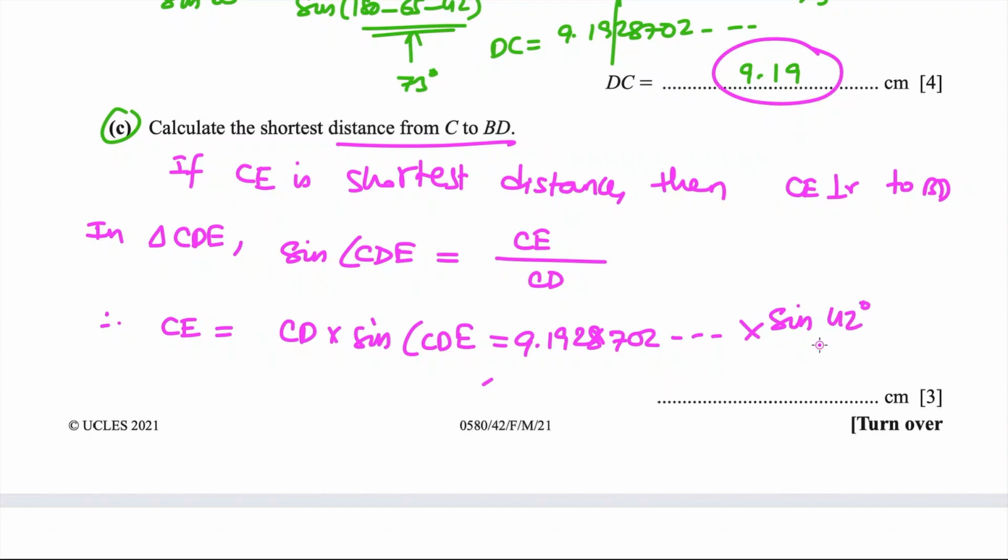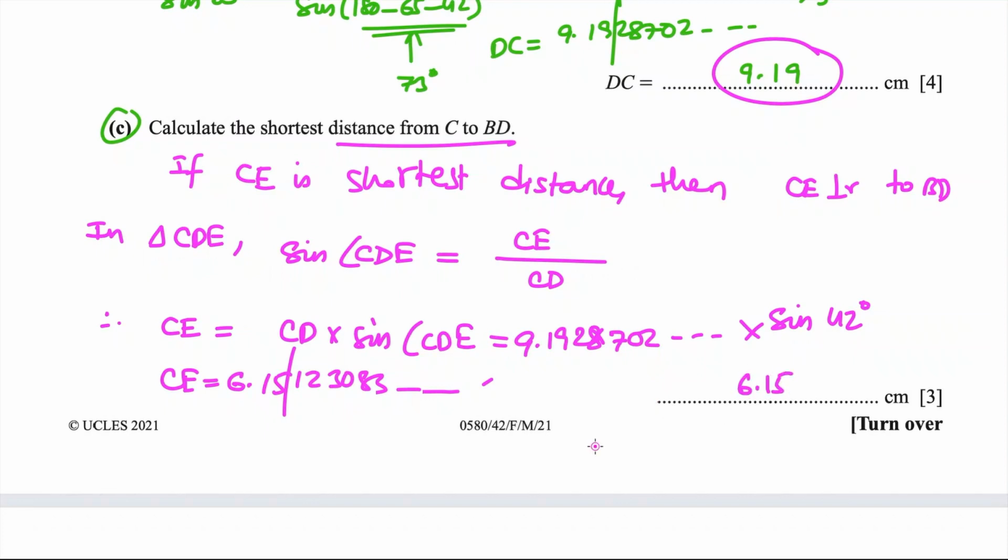Now, if I calculate the value using calculator, I will get 6.15123083 and so on. So this is the value of CE that I get. Again, if I cut it to three significant figures, the answer would be 6.15 centimeters. This is the value.